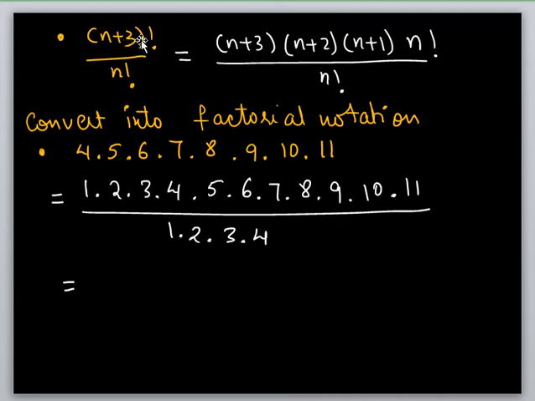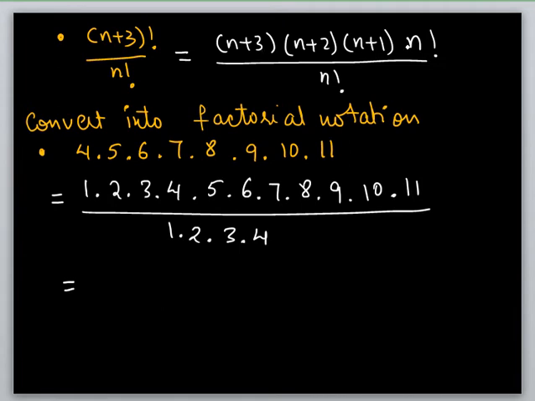It is n plus 3 factorial over n factorial. So n plus 3 is greater than n, so we are going to expand n plus 3 factorial. While expanding it, you will be writing the natural number preceding it. The natural number just 1 less than n plus 3 will be n plus 2, and the one less than it will be n plus 1, and the one less than it will be n factorial.